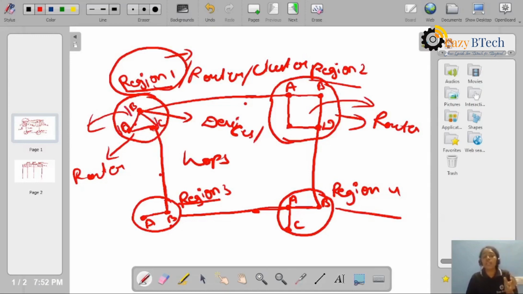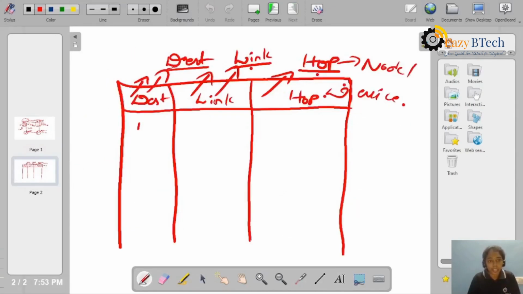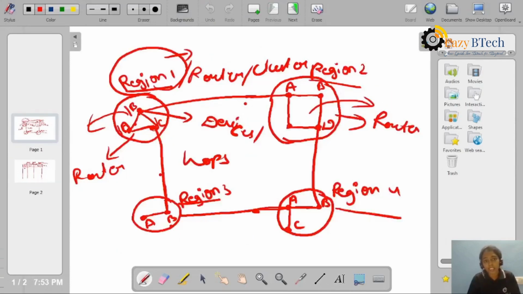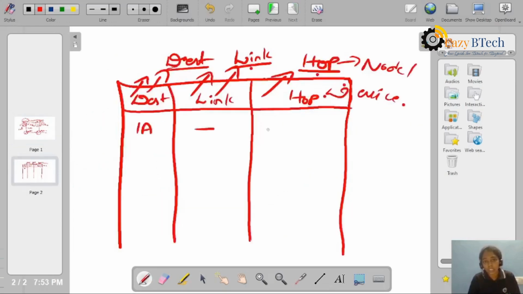Find out where the interlinked nodes from these three nodes go to the other regions. First, for 1A, there is no interlinked connection, so there is no link.